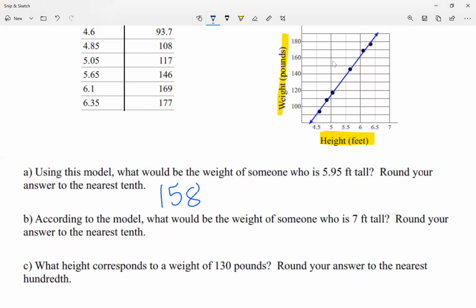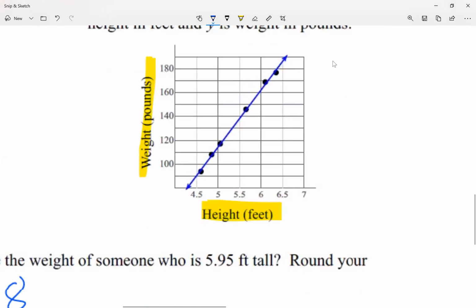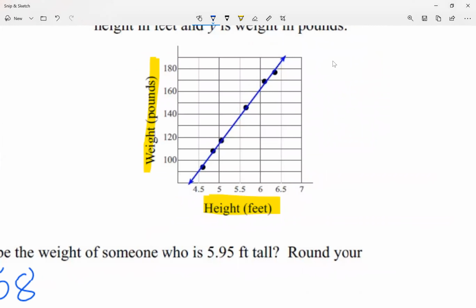Okay, so 7 feet. The information on feet is at the bottom. I see 7, and I'm just going to go up where it crosses the line. All right, the line doesn't quite cross it, so I can always extend it. So it's about here. This will represent a number on the side.